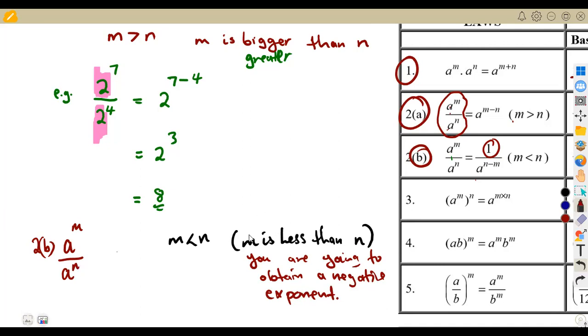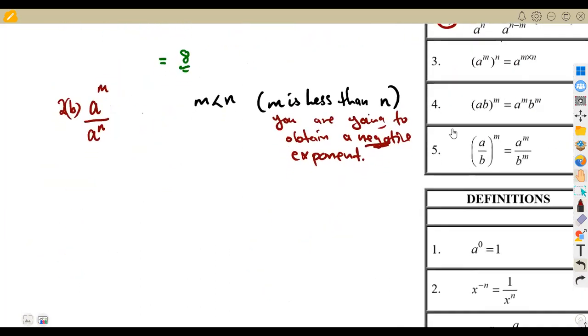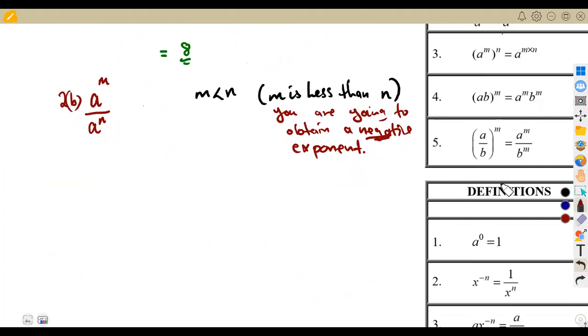If m is less than n, it means n is bigger than m. So if you subtract a bigger number from a smaller number, you get a negative answer. So we're going to have a negative exponent at the end. So to avoid that, that is the condition now. To avoid this, we are going to use this law as 1 over.